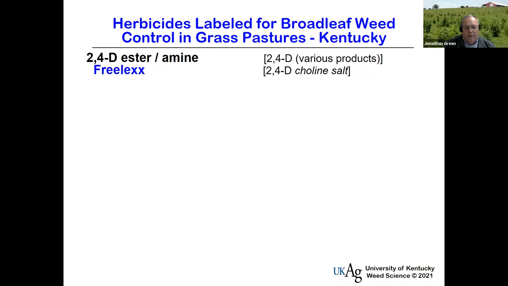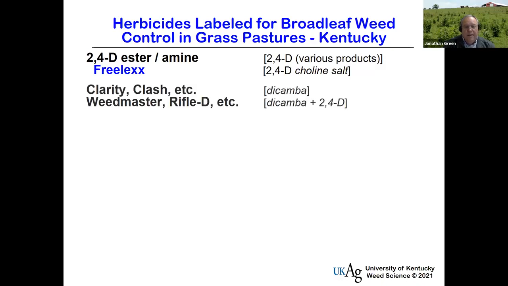Now, there is a newer formulation, the 2,4-D choline salt, that's now in the marketplace. It's being sold as Freelex, that has a label for use on grass pastures. It's not as widely available yet for general use, but it is being used somewhat in the right-of-way areas. So that's 2,4-D, which is in a lot of the products that we have available to us.